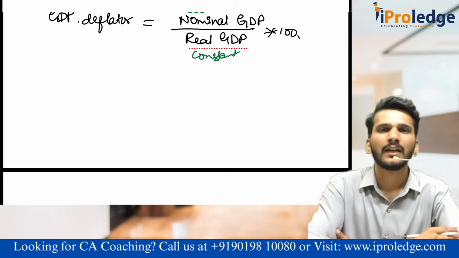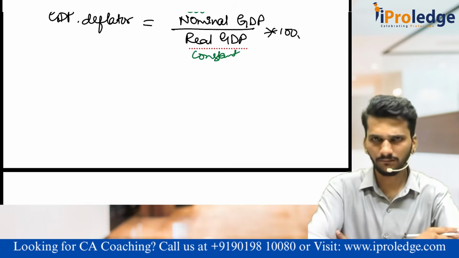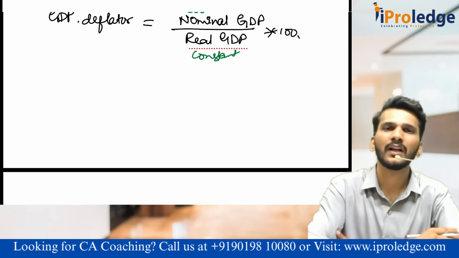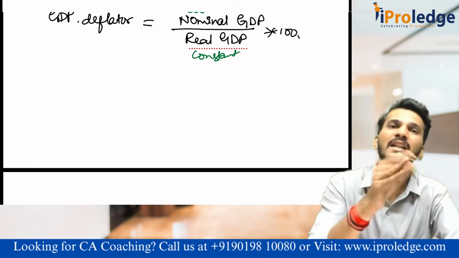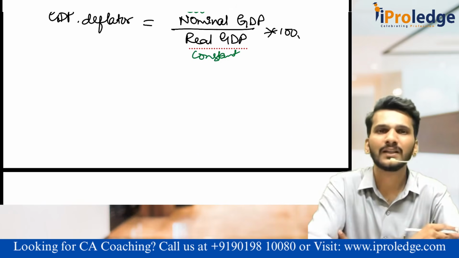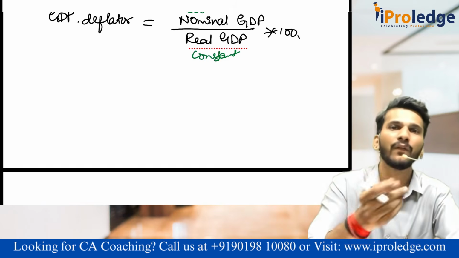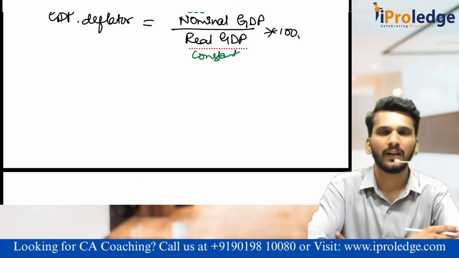Can I say GDP is the only indicator to identify the welfare of the country? No, sir. GDP is one of the indicators. That is what you should keep in mind. GDP is not the only indicator, but GDP is one of the indicators for finding out the welfare of an economy.